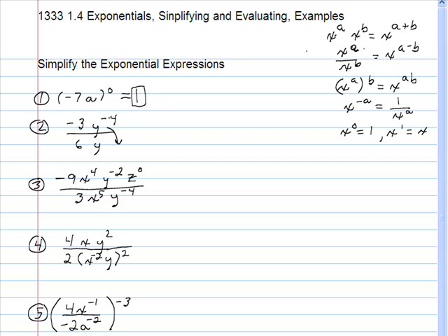So if I take that y to the negative 4 and move it to the bottom, on the bottom it will become y to the positive 4. Now the y that's on the bottom has no exponent showing, so we refer to this rule, which says if there's no exponent on x, then x is to the 1 power. Well, if y is to the 1 power, that's not a negative exponent, so it doesn't move.